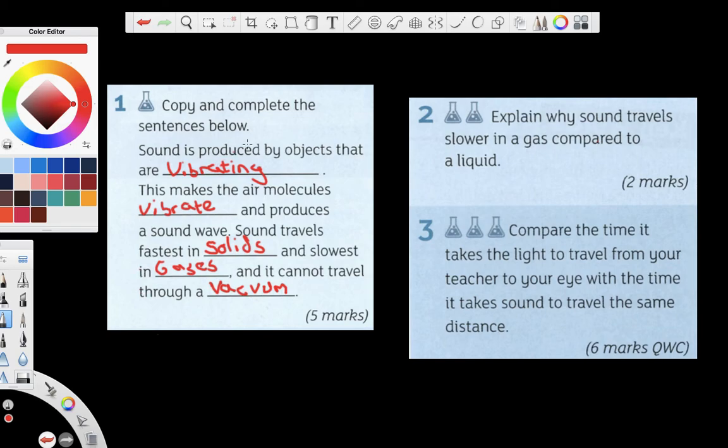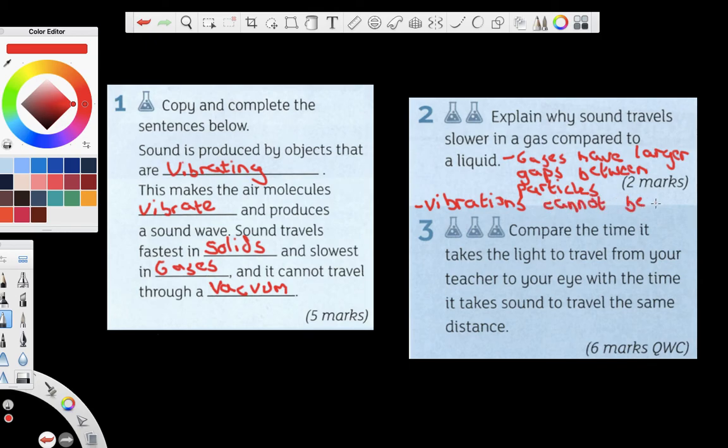So you should have said that gases have larger gaps between particles, and therefore vibrations cannot be passed on easily.